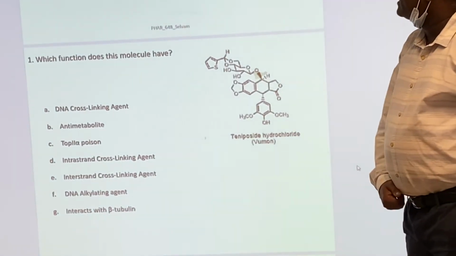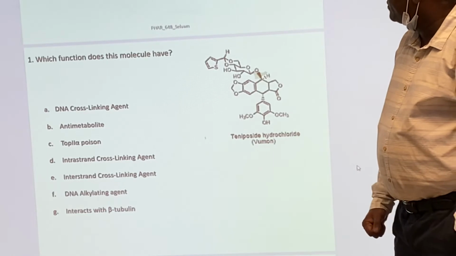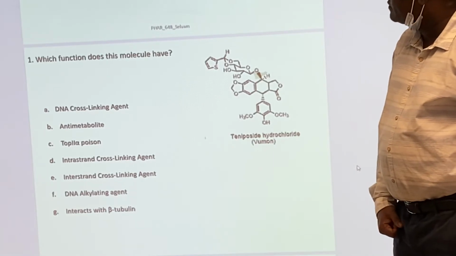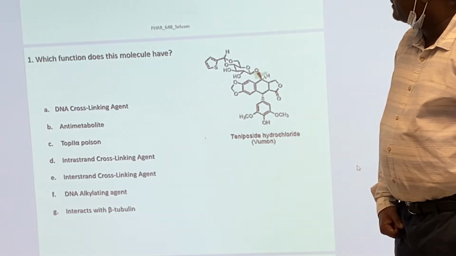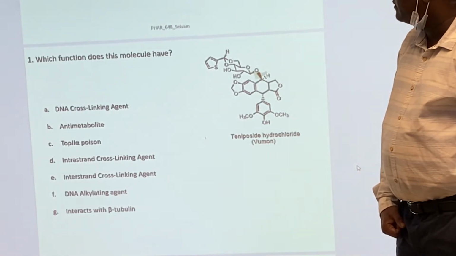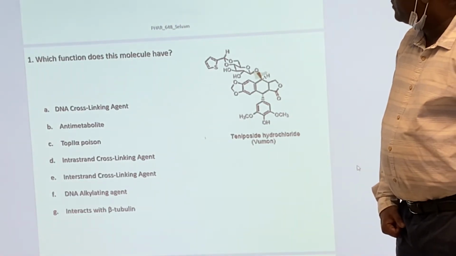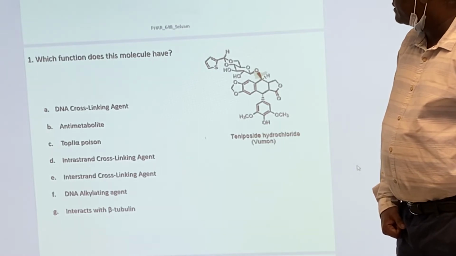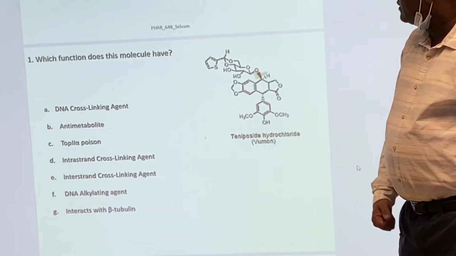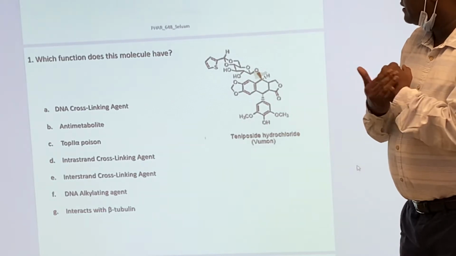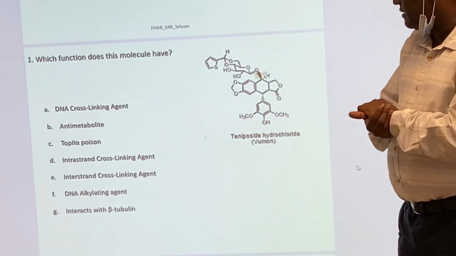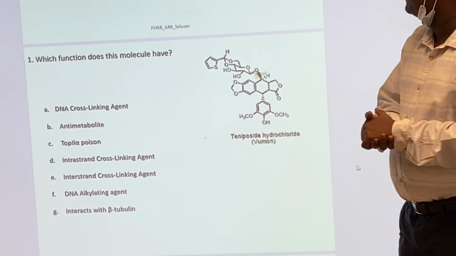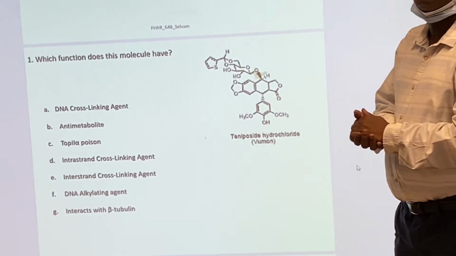Teniposide, which function does this molecule have? Is it a DNA cross-linking agent, anti-metabolite, topoisomerase 2 alpha poison, interstrand cross-linking agent or intrastrand cross-linking agent, DNA alkylating agent, or interacts with tubulin? So what is the mechanism for this compound?